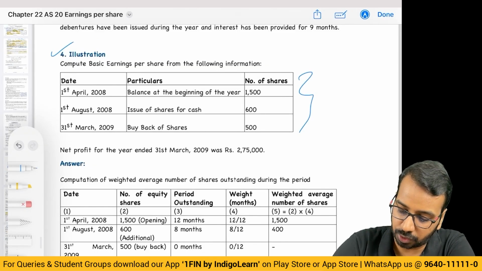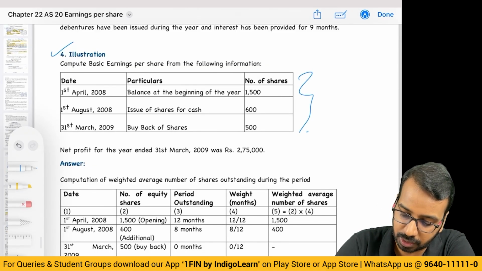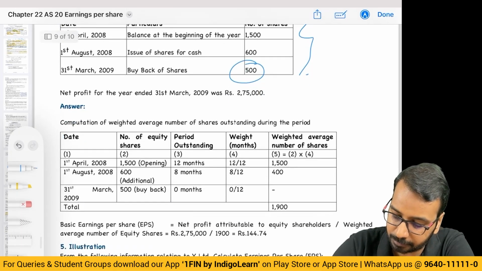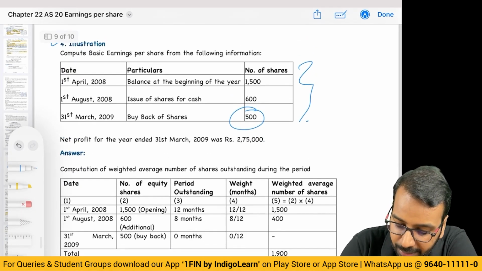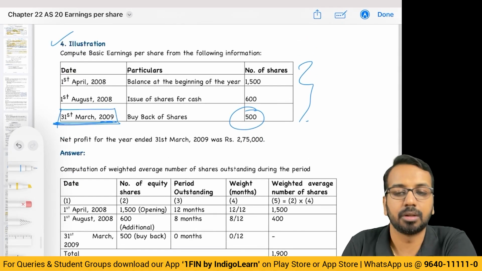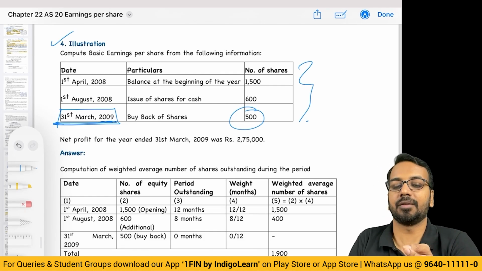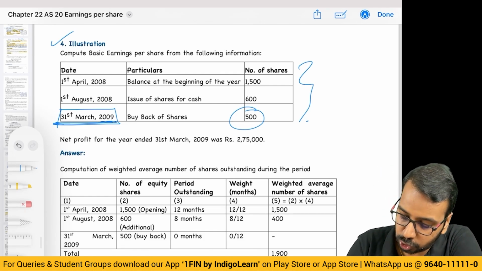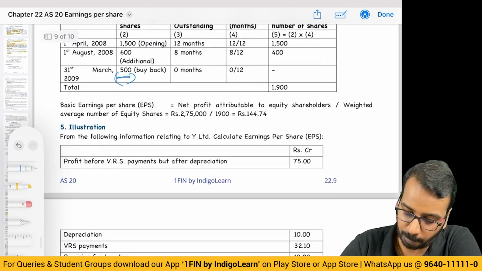This you can practice on your own. I've already done this. Only thing is when there is a buyback, but here buyback has happened on 31st of March. So when it has happened on 31st of March, there is no impact of that. Otherwise, you will treat it as a negative number.